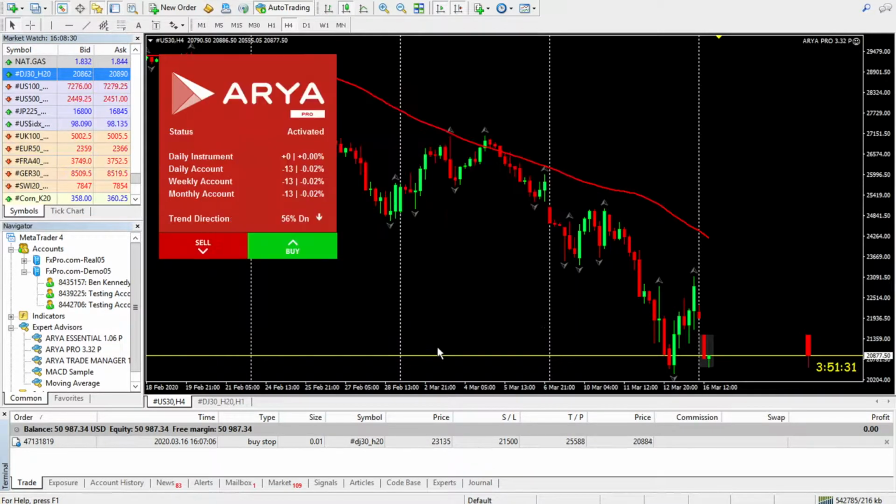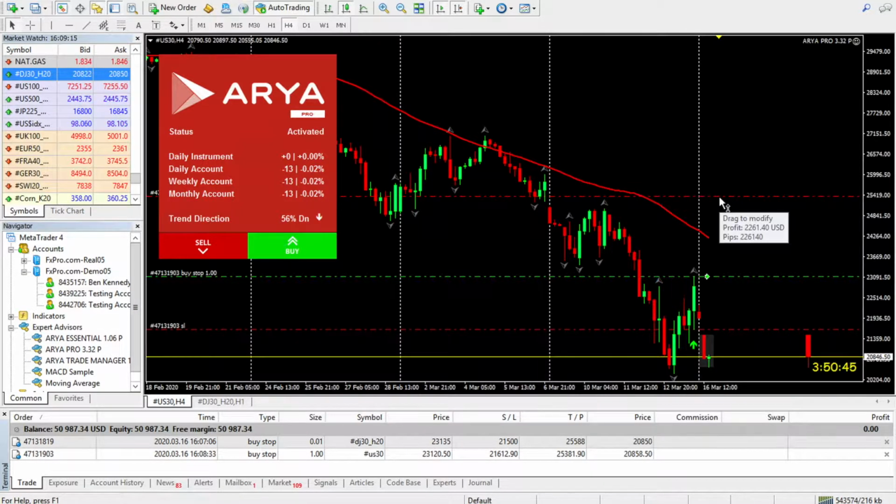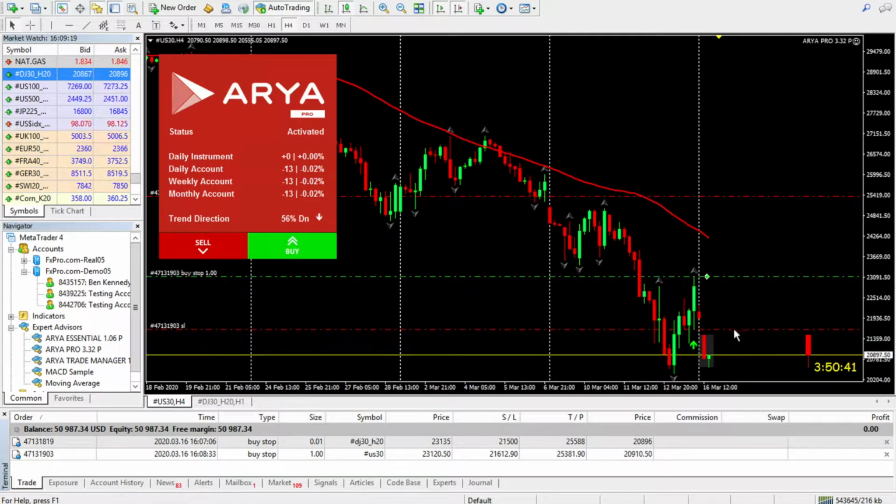Once we have these parameters in, again, we're going to buy in the market, giving us a profit of $2,261. And then if we look at our stop loss, that is 150,760 pips, or $1,507.